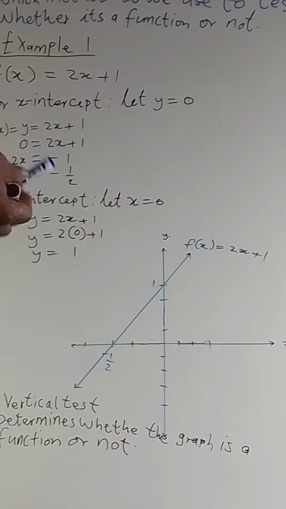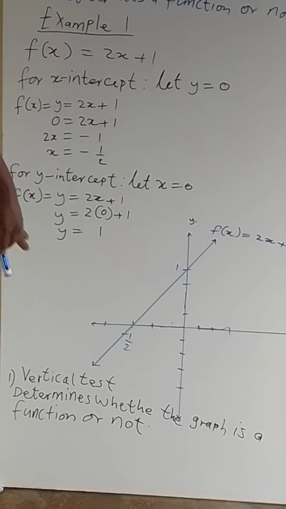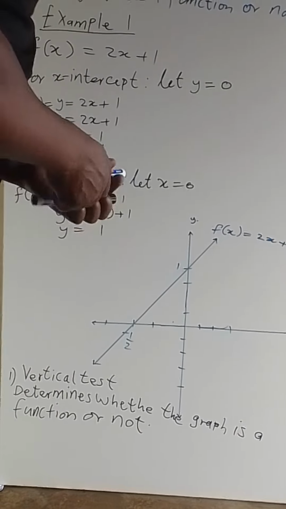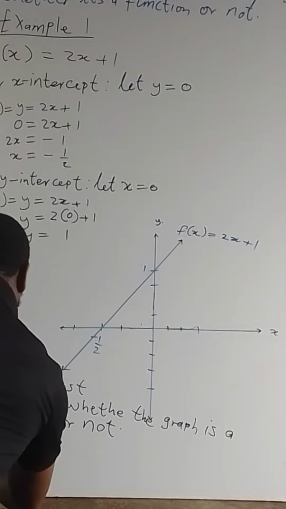Once you find that the graph is a function, you can determine point number 2 by using a horizontal test.